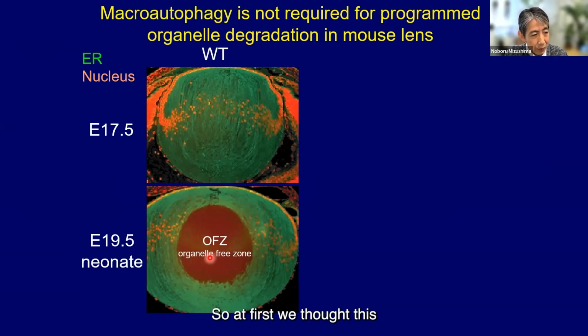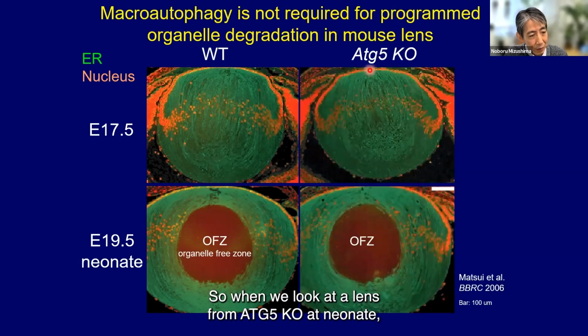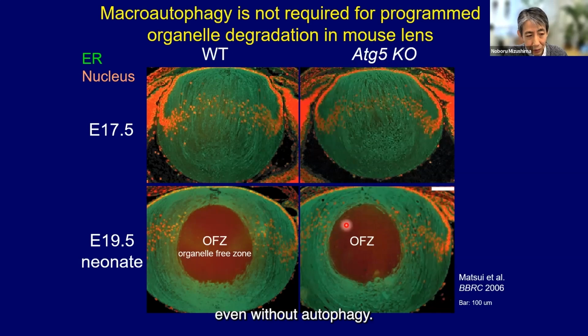At first, we thought this process should be autophagy, because we were working on autophagy, but we were wrong. When we looked at a lens from ATG5 knockout neonates, we observed a very clear organelle-free zone, even without autophagy.